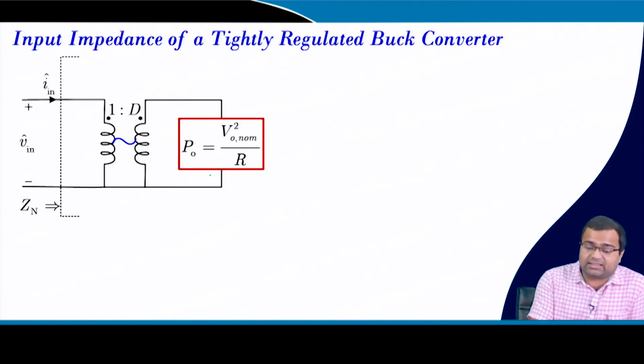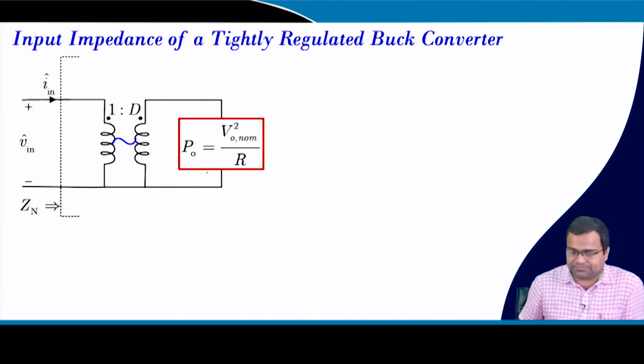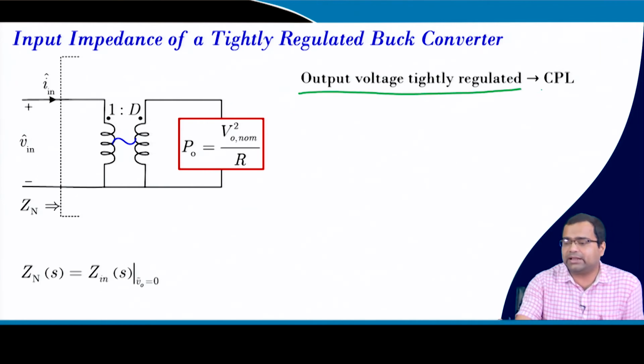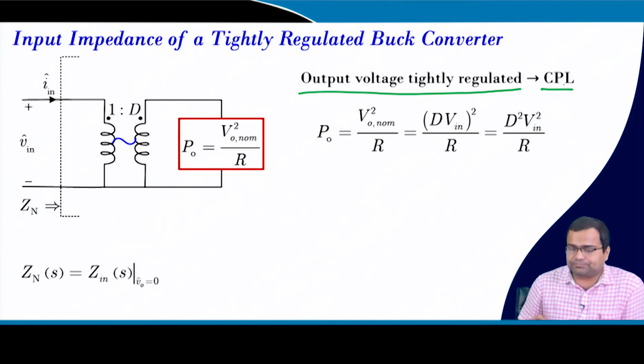Now, if we take this constant power load, that means it is a DC characteristic, right. So, in order to find this, how to start? Since the output voltage is tightly regulated, it will behave like a constant power load, and the power magnitude can be obtained as V nominal square by R, and in a DC-DC converter under ideal condition D into Vin, so you will get this expression.